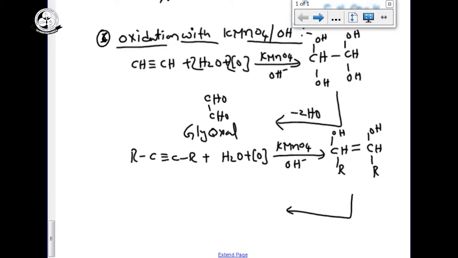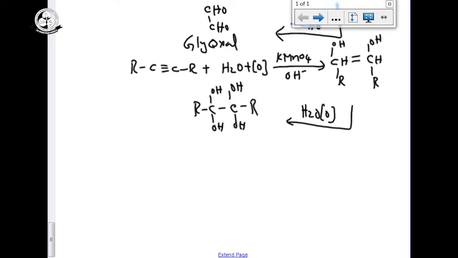If you do one more oxidation, the double bond becomes a single bond and we add one more OH on each carbon. Since a compound containing more than one OH group on a carbon is highly unstable, remove 2 moles of water and it becomes R, C double bond O, C double bond O, R.